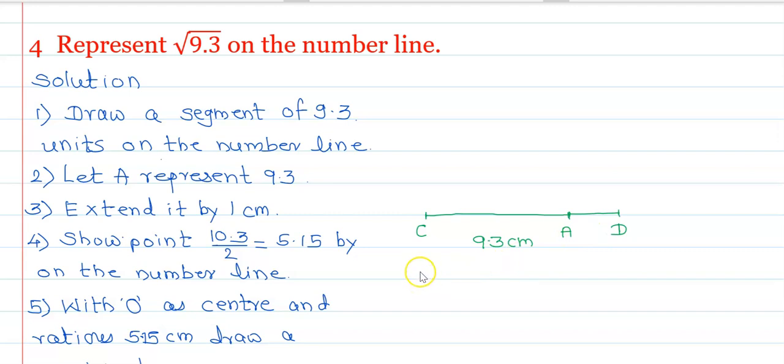This total will become 10.3 centimeter. Now take the midpoint of this CD and treat it as O. Okay. Then draw the semicircle.